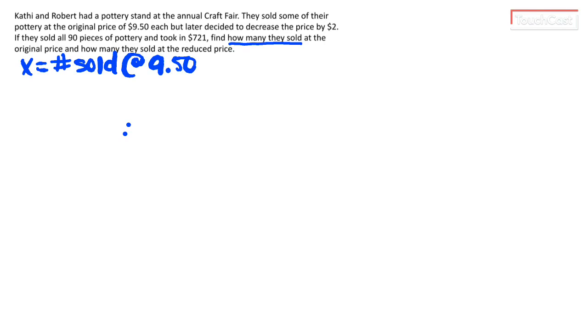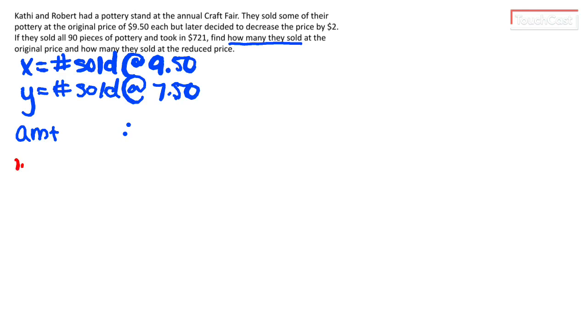And then they sold some at $2 less, or $7.50. So we want to find the number sold at $7.50. Okay? So we're going to write two different equations, one being the worth and one being the amount. So we'll start with the amount, and then we'll do the worth, and we'll do it in a different color.